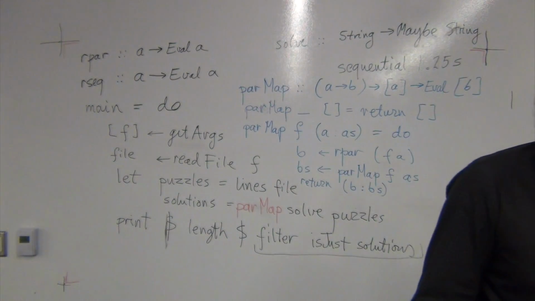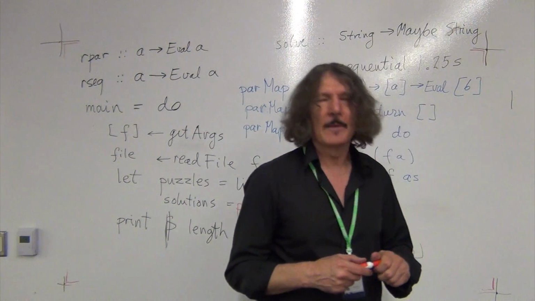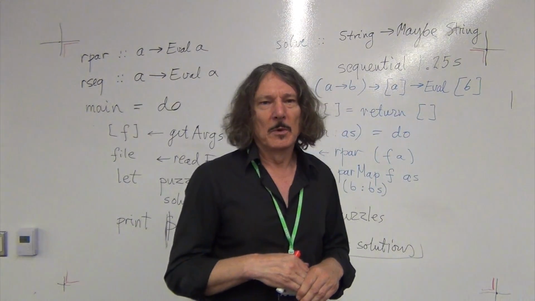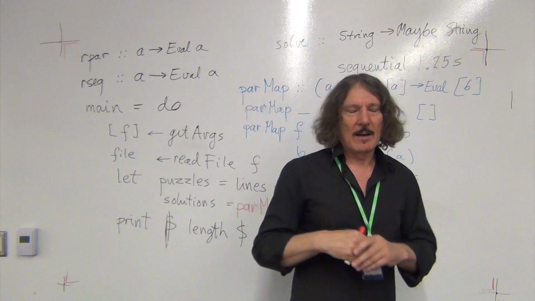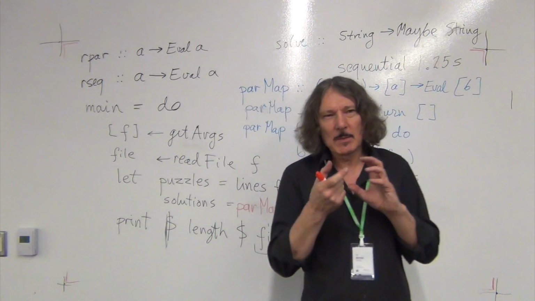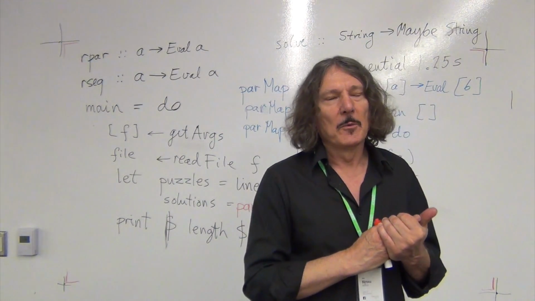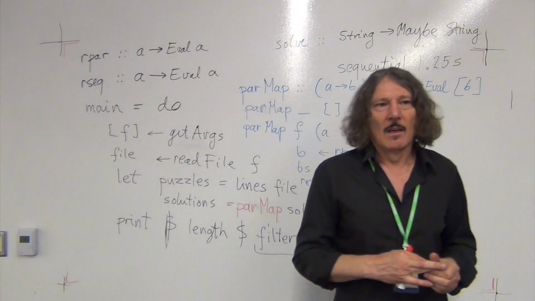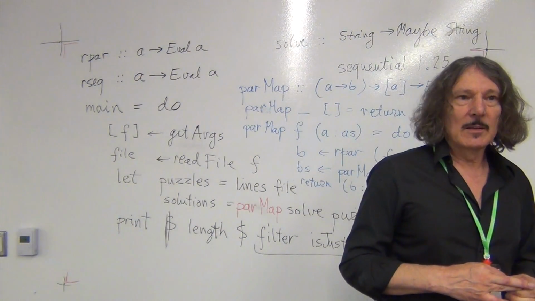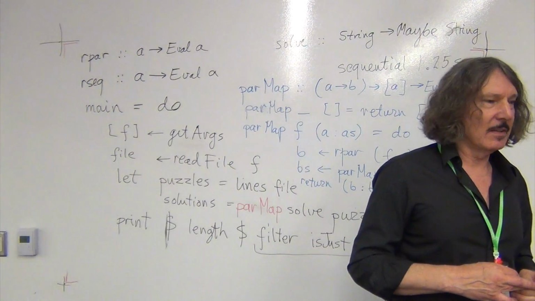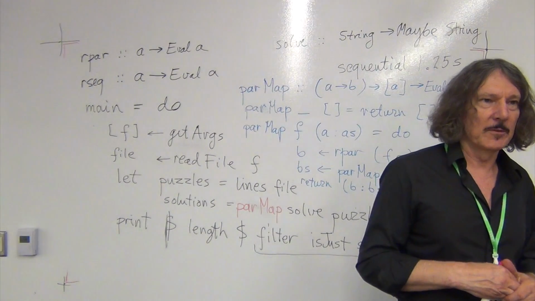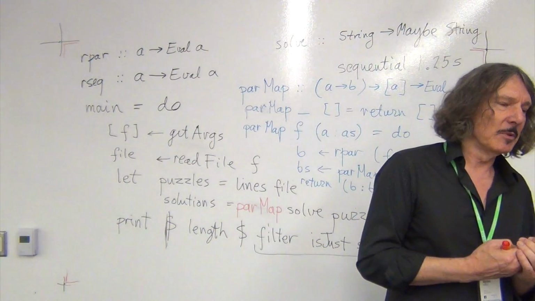Now, I skipped the first application of parallelism, when we divided the list into two halves. There was some tricky part in there where we actually had to force the evaluation of the elements of the list, because otherwise it would be evaluated only to weak head normal form.